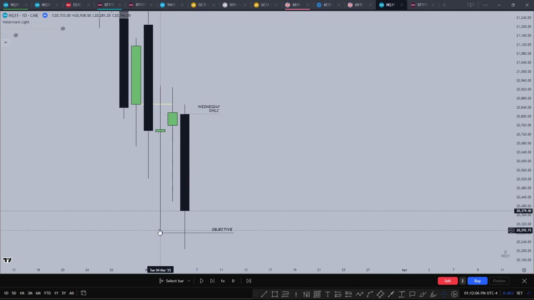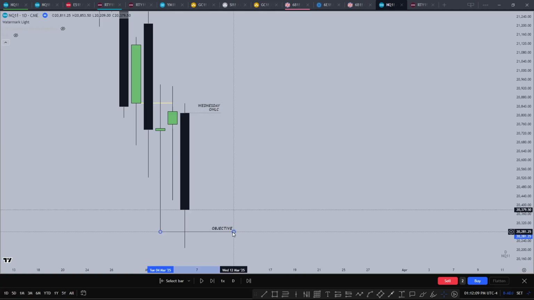Bearish expansion candle towards the objective. I did frame this as well.